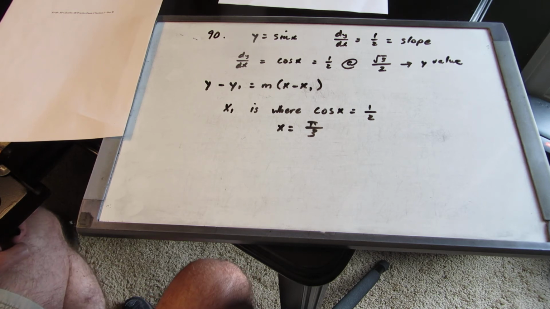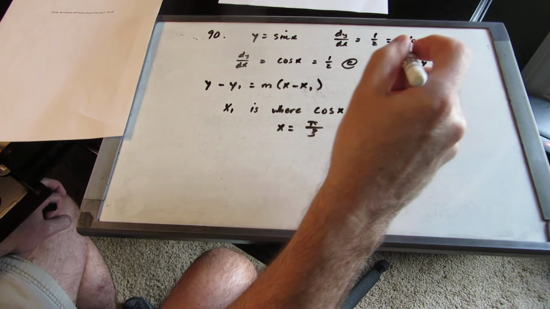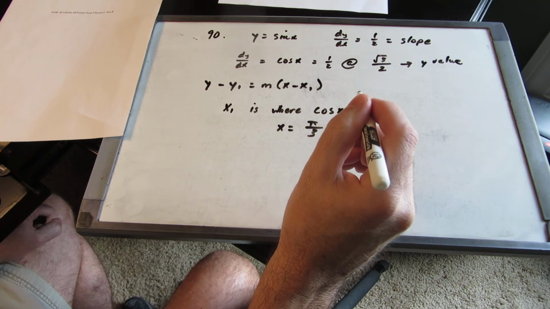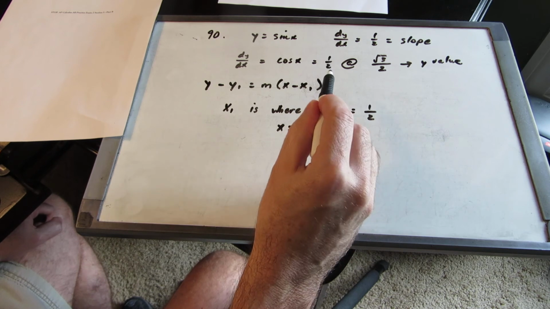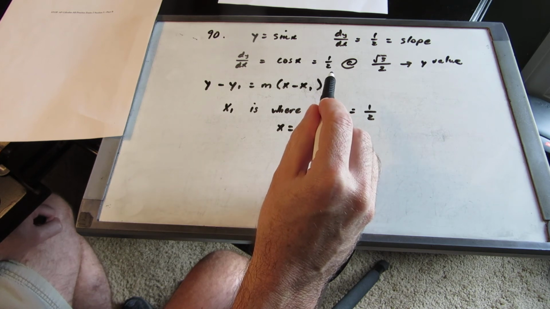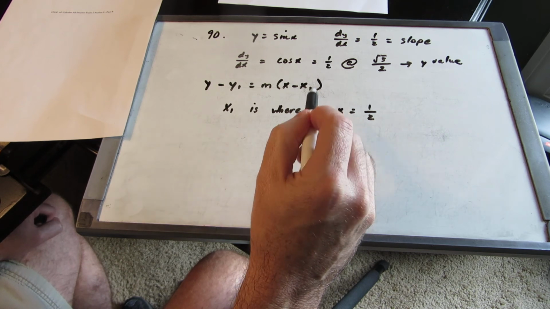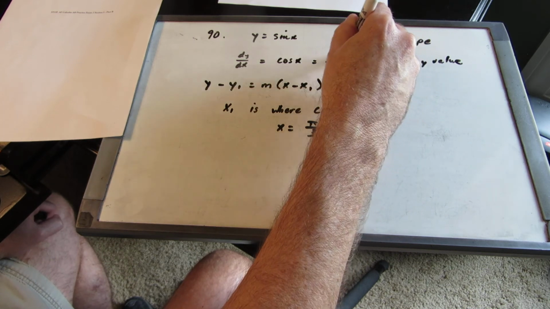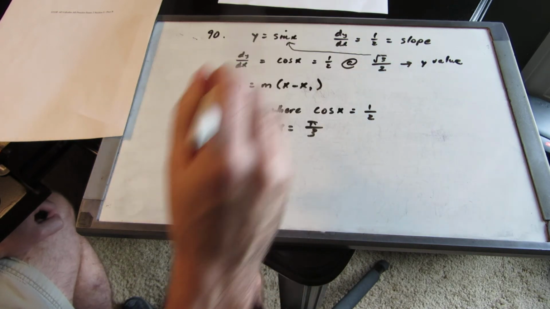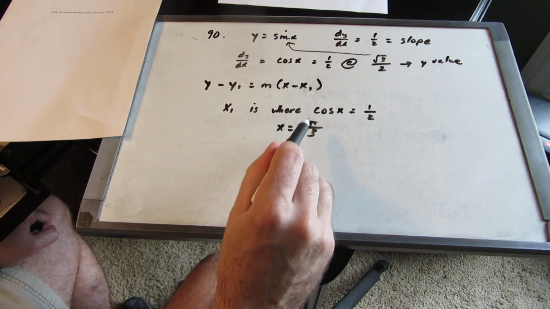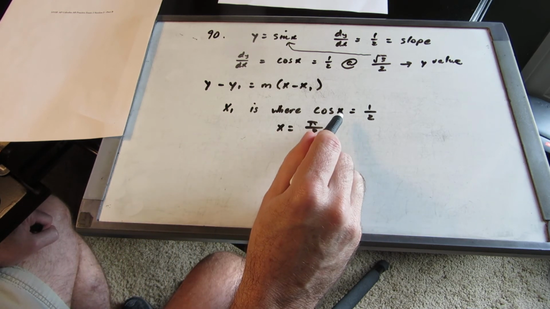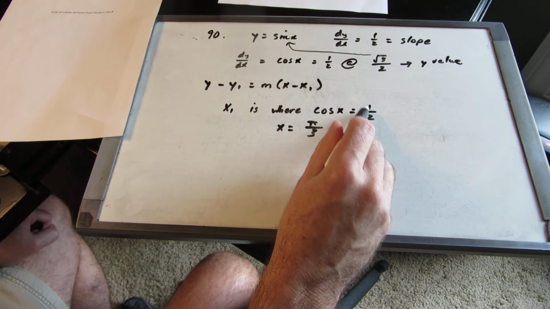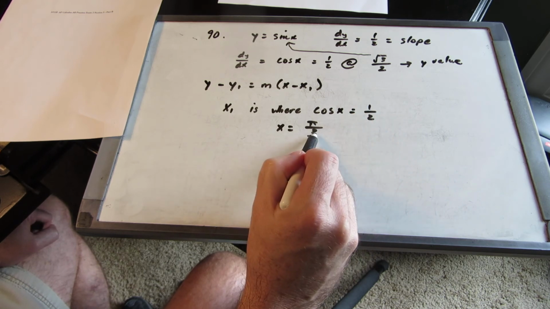Okay, I think I explained this wrong just a minute ago, so let's take a step back. Sine of pi over 3 is root 3 over 2, so that's how I got my y value. We know that cosine of pi over 3 is 1/2, so that gave us the slope of 1/2.